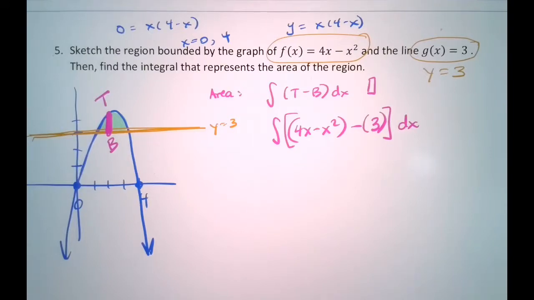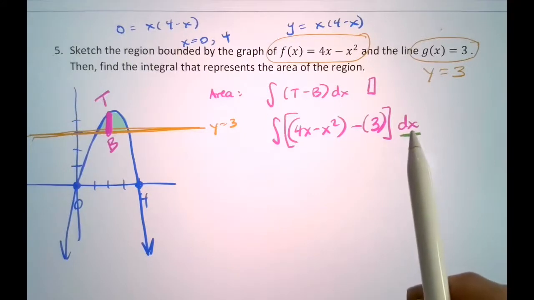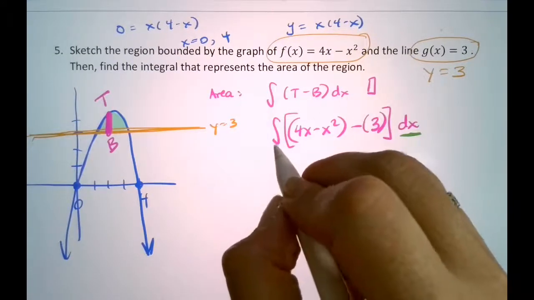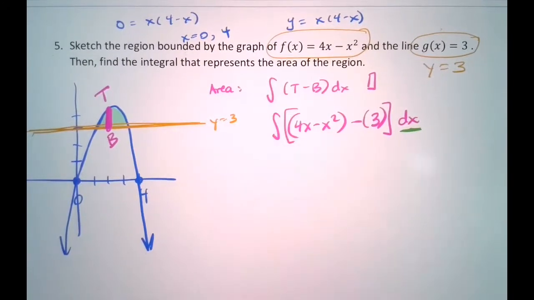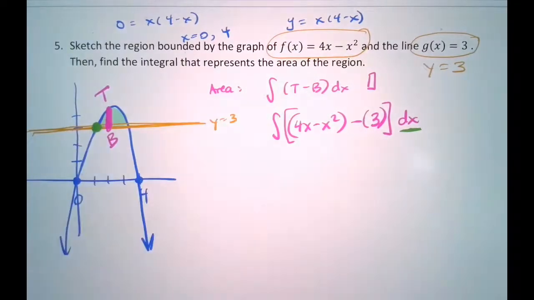So I need to think about where I'm going to get that information. These should be x values for your lower and upper limits of integration. Let's go back to our image. Here's the leftmost point of that shaded region, and here's the rightmost point. And I need to know what they are. They're not given to me. I have to go searching for them.